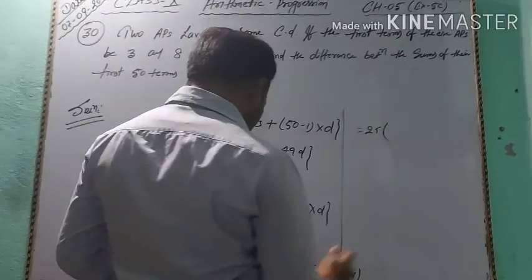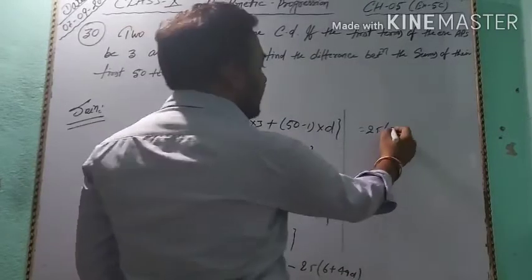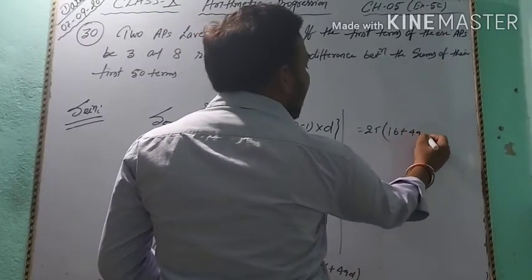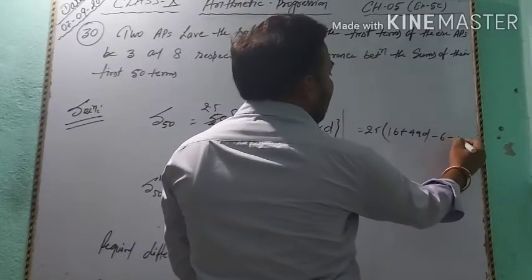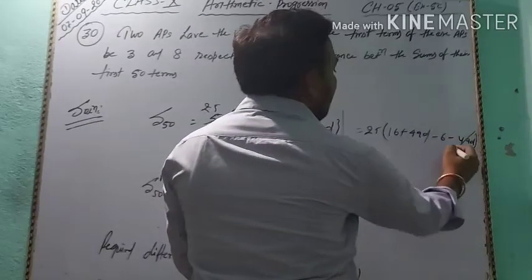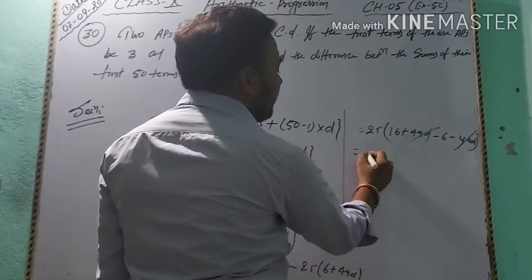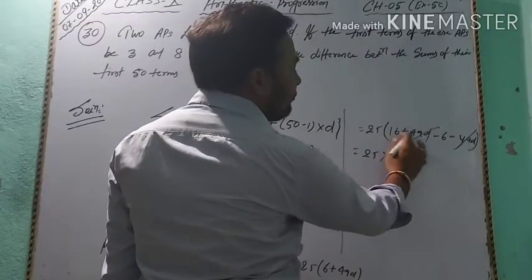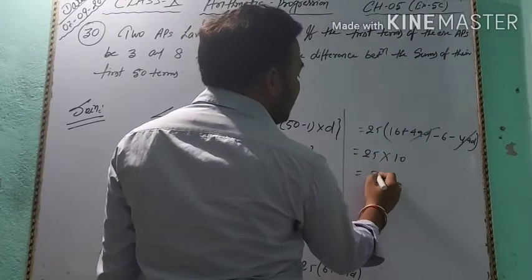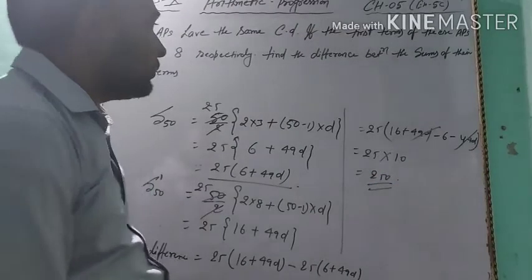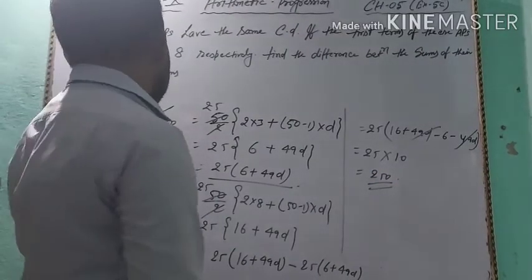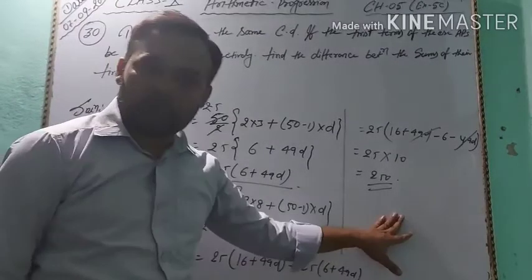The rest is 16 plus 49D minus 6 minus 49D. 49D cancels with 49D. 25 multiplied by 16 minus 6, which is 10, that is 250. So the difference between the sums of the first 50 terms of the two APs is 250.